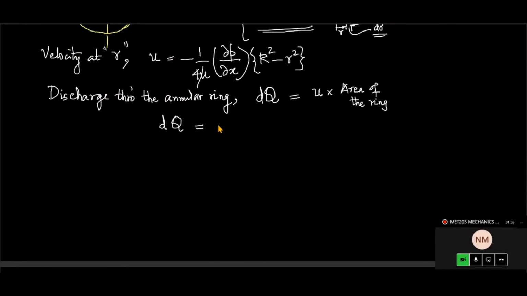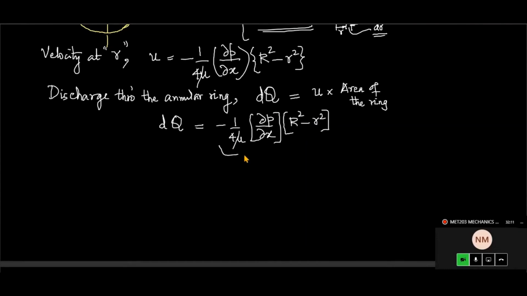dq is equal to the velocity, minus 1 by 4 mu dou p by dou x into capital R square minus small r square. This is the velocity u, at radius r.